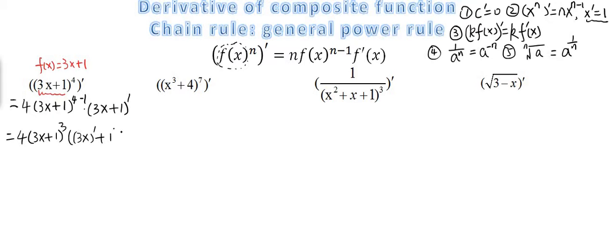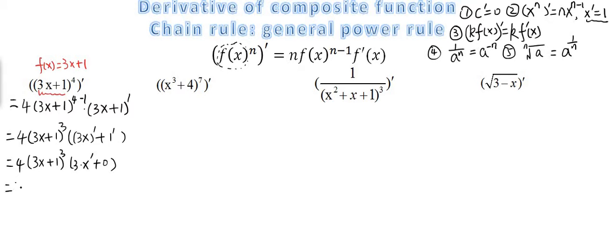For the first term, we're going to follow formula 3. K is 3, a constant. Keep the constant, do the derivative for the x. And the second term is the derivative of a constant, following formula 1.